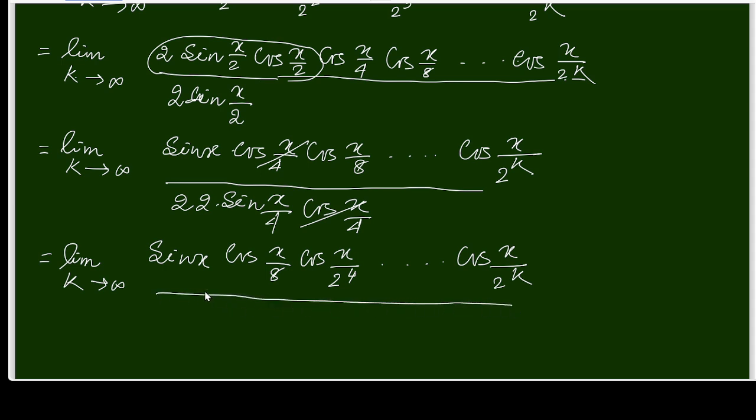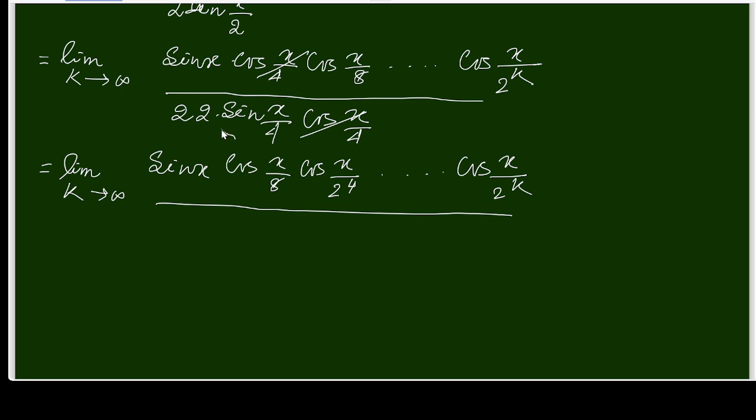So here again sin x by 4 can be split into 2 into 2 into 2, 2 to the power 3 sin x over 8, that is 2 power 3 into cos x over 2 power 3, which will be cancelled with this.